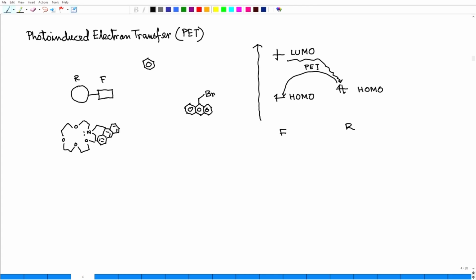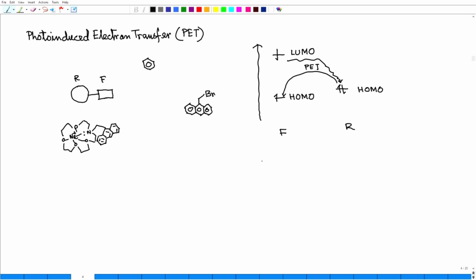But if I put a sodium ion here, what will happen? Sodium will engage the lone pair, because it will form a chemical bond with it. Sodium will bind the lone pair.